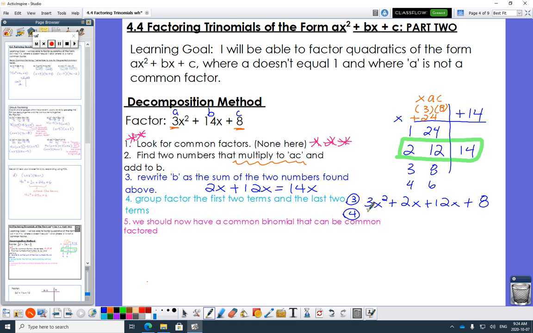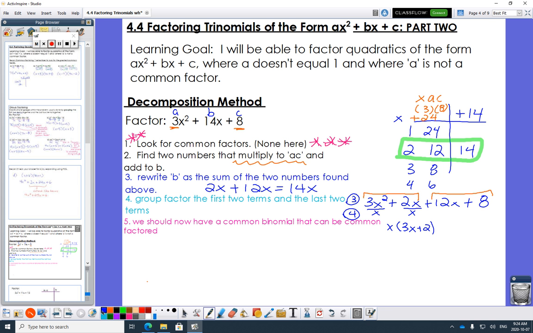X. So group the first two and the last two. And once we have a binomial, our common factor needs to get us this same binomial. So it can help you. It can be your clue.